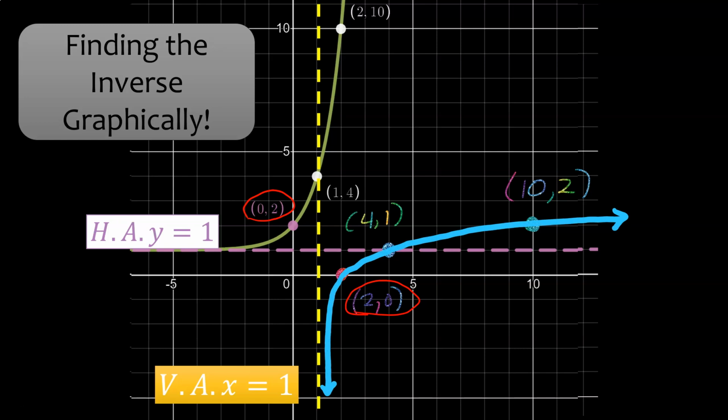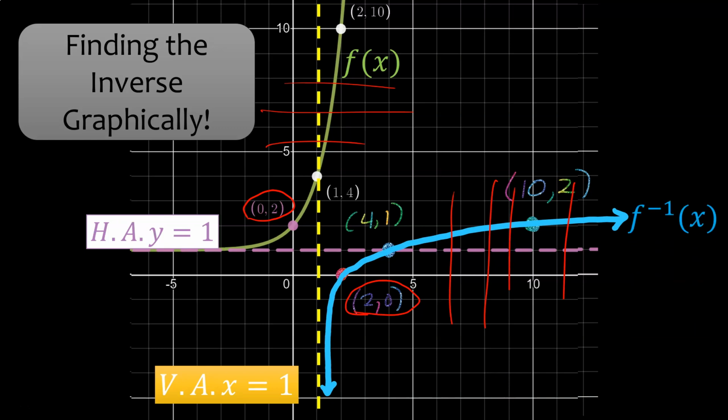Now we know that the original function, let's call that f of x, passes the horizontal line test. So our inverse is going to pass the vertical line test. So our inverse is a function. And we can call that the inverse function in terms of x. And that is the notation for inverse function.